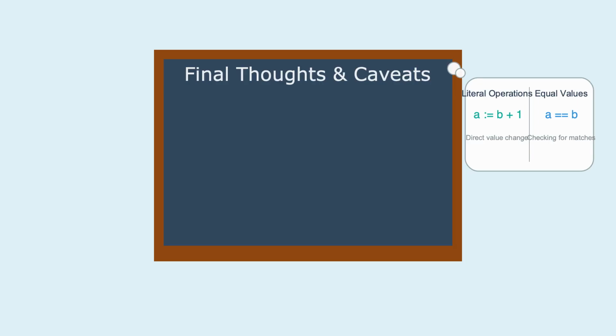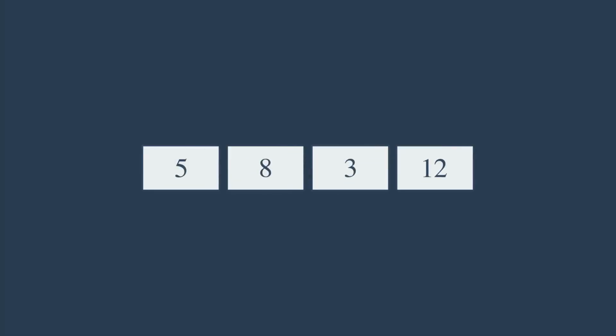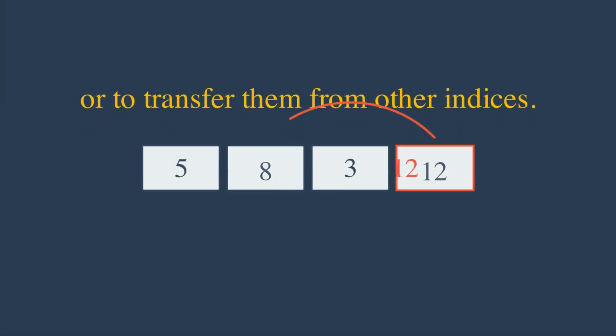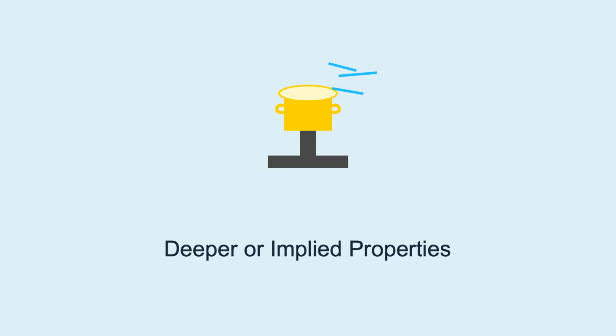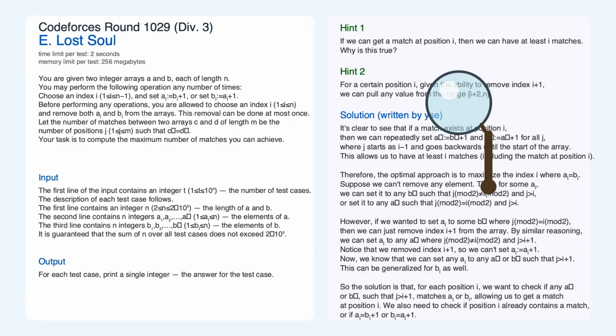A quick note on the interpretation. The phrasing of operations in the problem statement seems to directly contradict the ability to make values equal, or to transfer them from other indices. However, competitive programming problems sometimes rely on deeper or implied properties of operations, especially when hints or provided solutions suggest a different behavior.